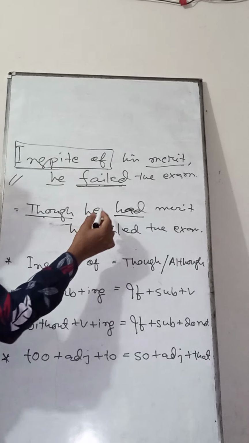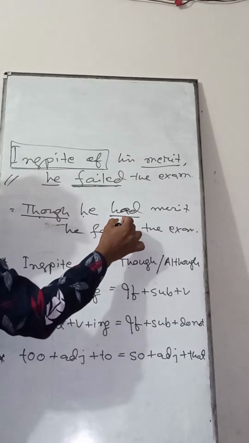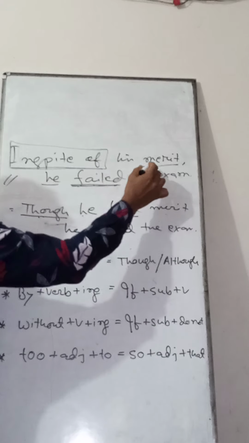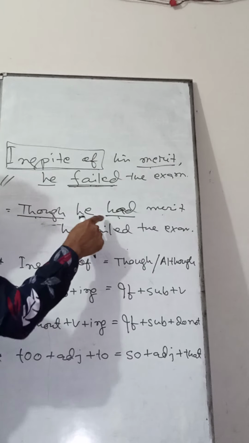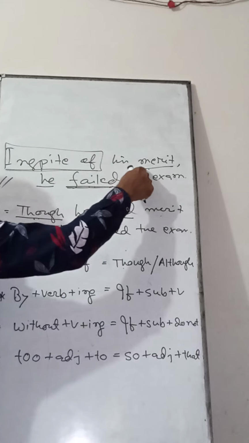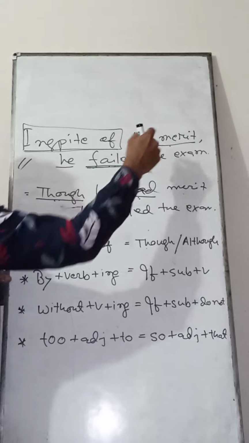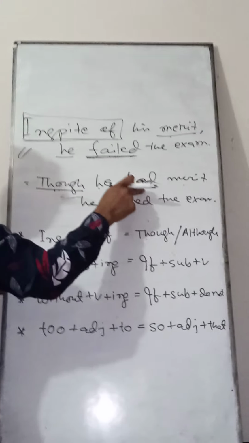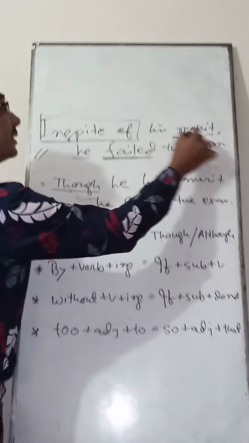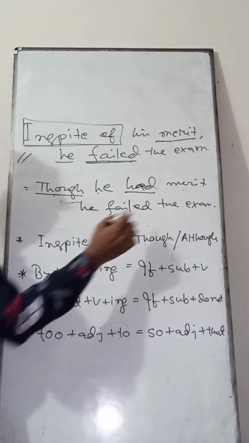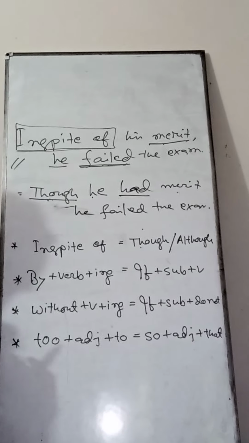So you have to write down though he had married, or though he was meritorious. If you write was, you have to write meritorious, the adjective form of merit. But if you write had, then you have to write the same as this noun. Okay, though he had married, he failed the exam.